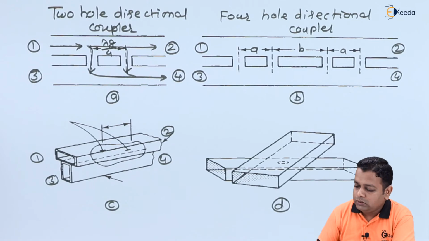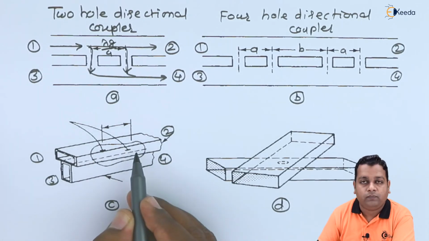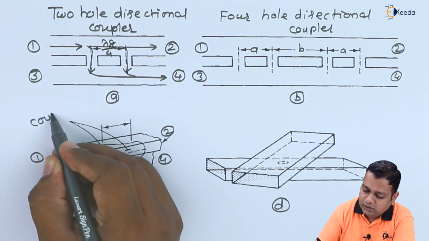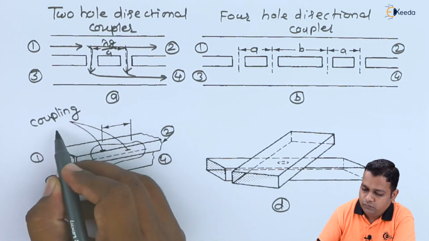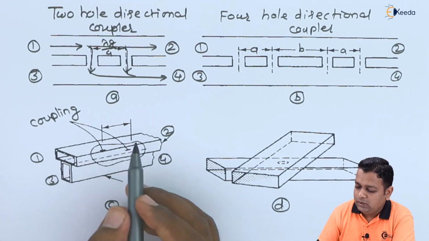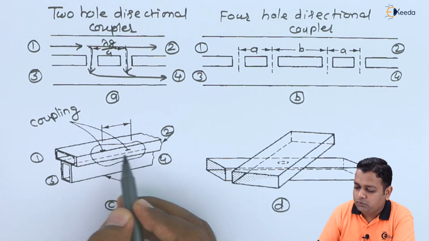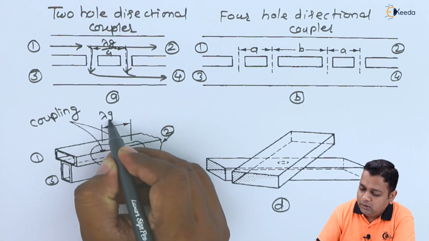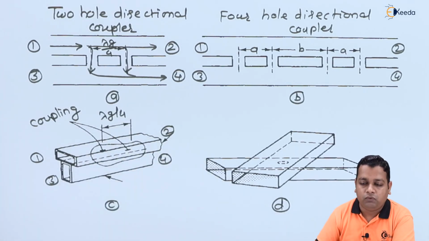This particular region is providing the coupling ports. The separation between the positions of the coupling ports is again λg divided by 4.